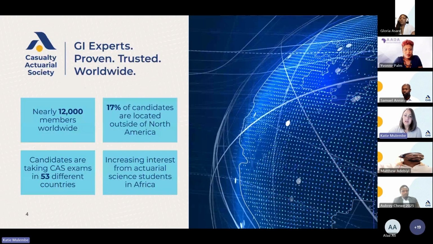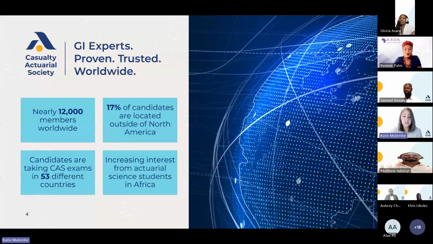So just to give you a little bit of an overview, the CAS has been educating general insurance actuaries for more than a century. We were started in North America, but today we are truly a global organization. We have nearly 12,000 members around the world who hold CAS credentials, and currently about 17% of people taking CAS exams now come from outside of North America, representing 53 different countries.